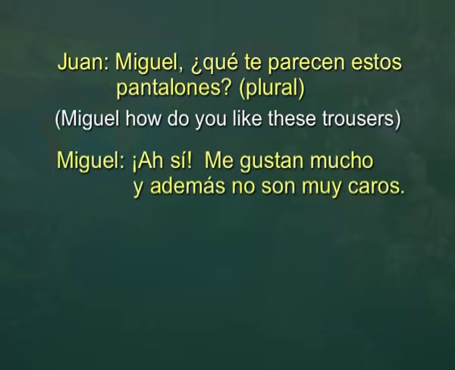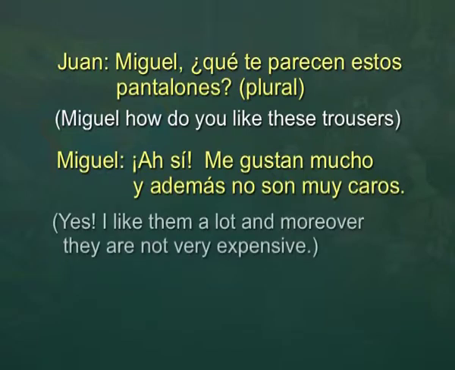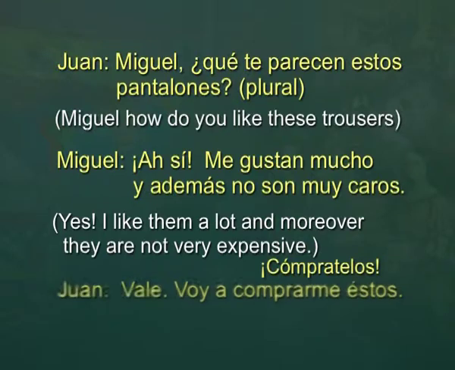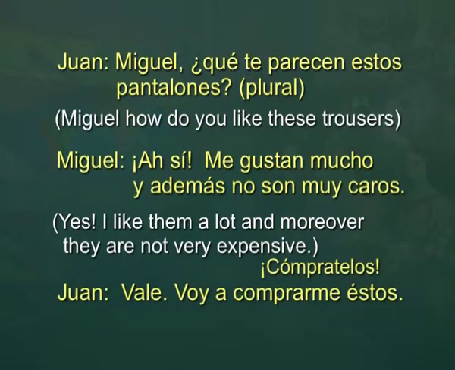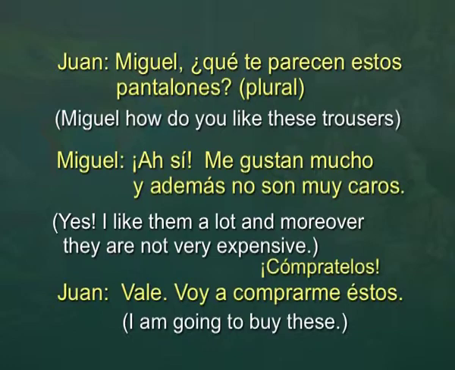And Miguel says, ah, sí, me gustan mucho y además no son muy caros. Yes, I like them and moreover they are not expensive. And he says, cómpratelos, buy them for you. Juan says, vale, voy a comprarme estos. I'm going to buy these.